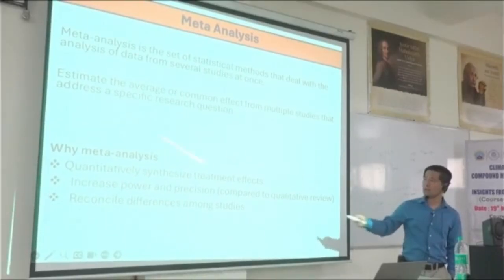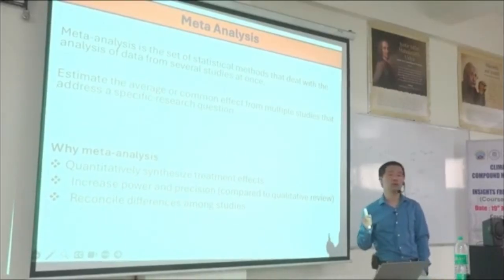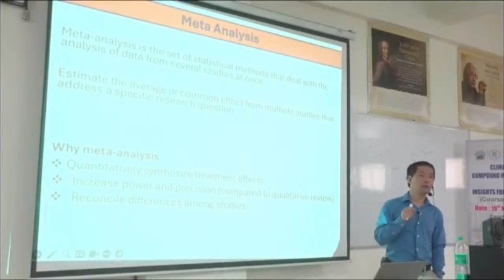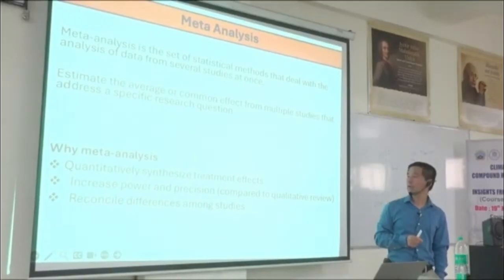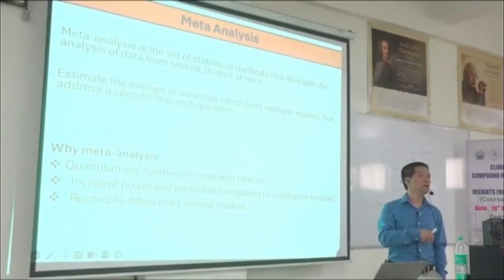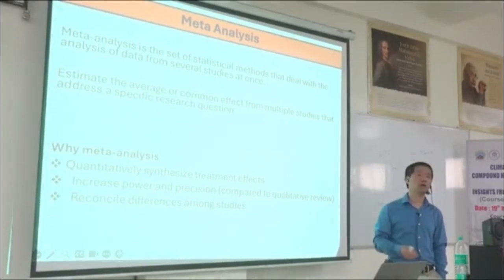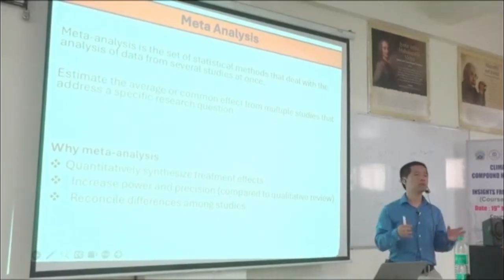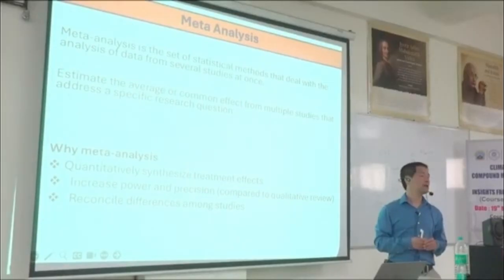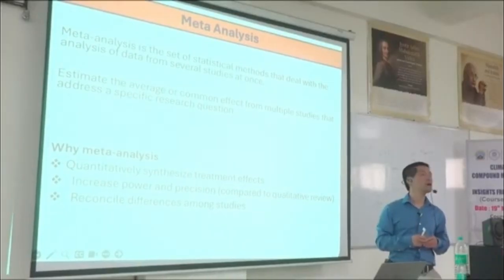So why is meta-analysis useful? Because it provides a way to quantitatively synthesize data, gives you quantitative information, and because you use a very large sample size. A lot of the time when you do field research, for agricultural research for example, you only have a couple of fields and a limited sample size, either a couple of years or sometimes even one growing season.